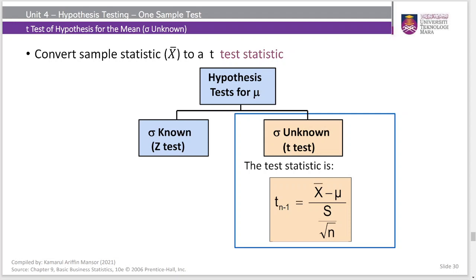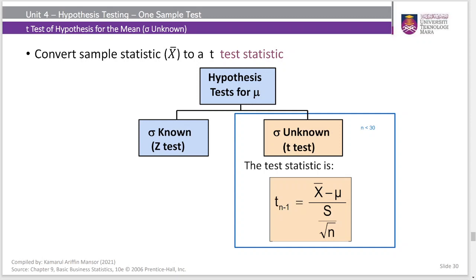When we say small sample size, it means your sample size N is less than 30. So whenever N is less than 30, then you have to use the t-test.